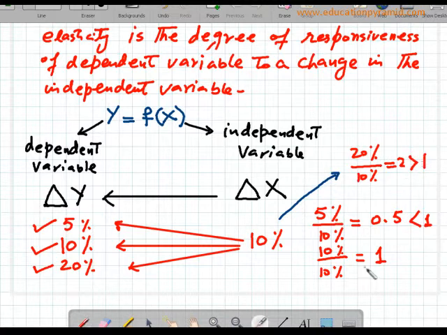So we have 3 degrees or 3 responses of y variable due to a single change in x variable, whether it is greater than 1, or less than 1, or equal to 1. These are called degrees of elasticity. So elasticity is the degree of responsiveness of dependent variable to a change in the independent variable.